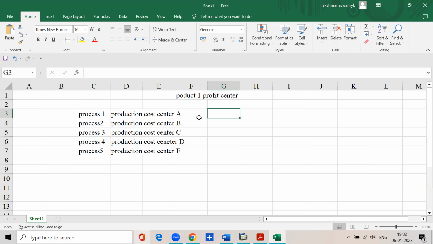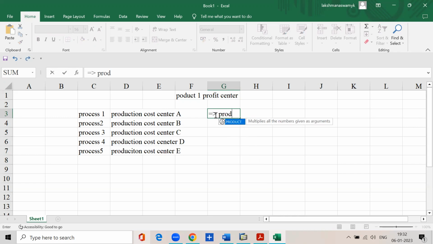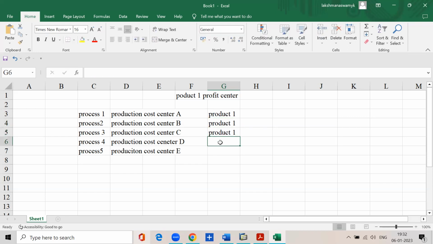Then in the production cost center A, we assign product 1, and in cost center B as well. So in every cost center, we assign product 1.